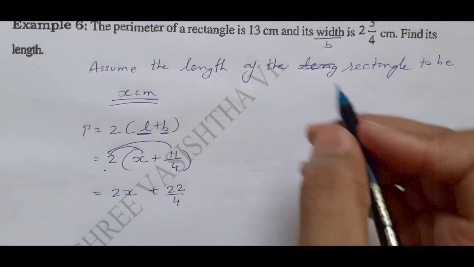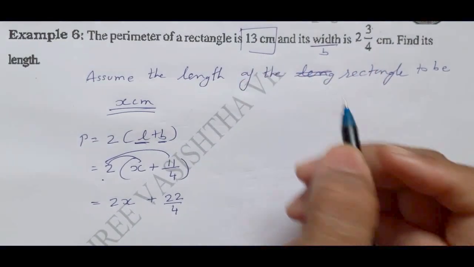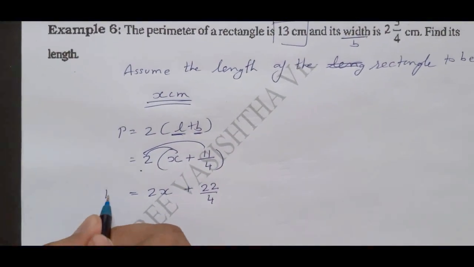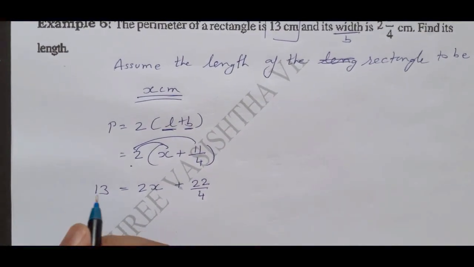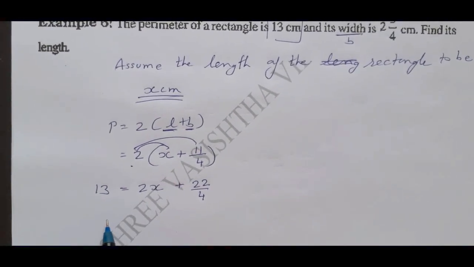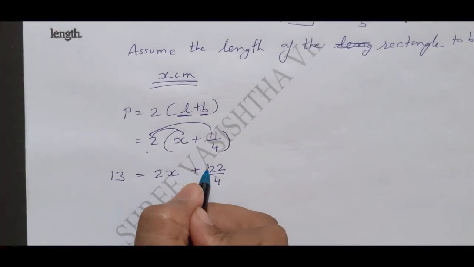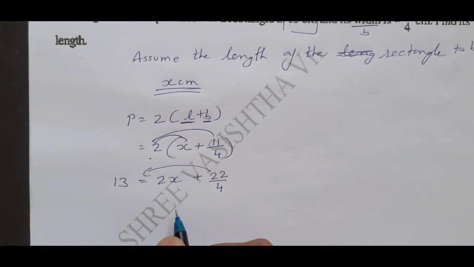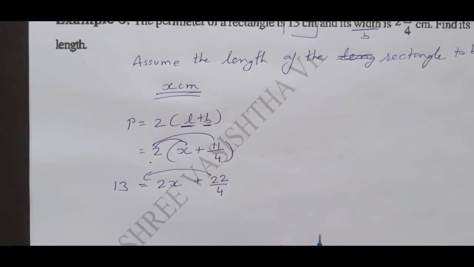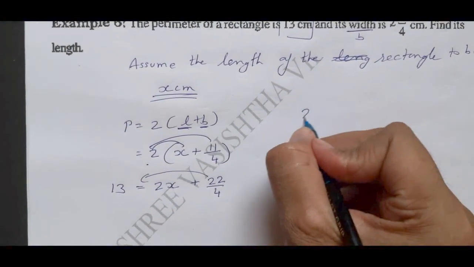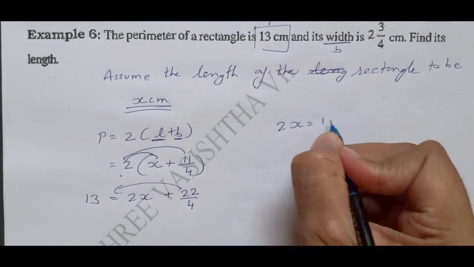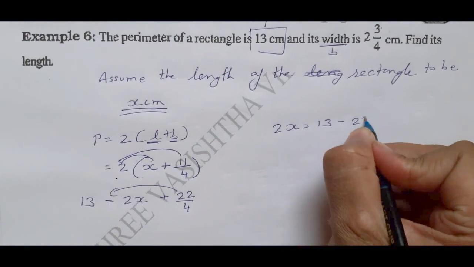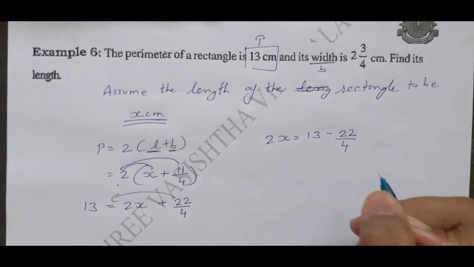Now perimeter is also given here. Perimeter is 13. So in place of perimeter we write 13. Now we are going to send this 22 by 4 to the LHS side. So it will be 2x is equal to 13 minus 22 by 4.